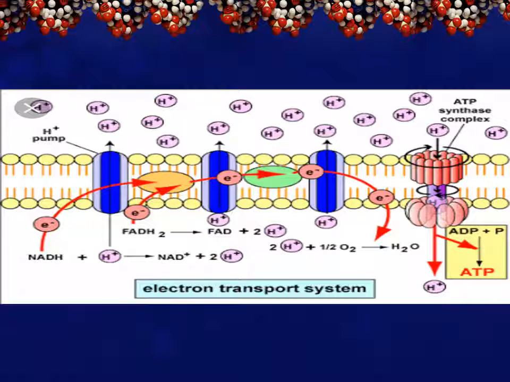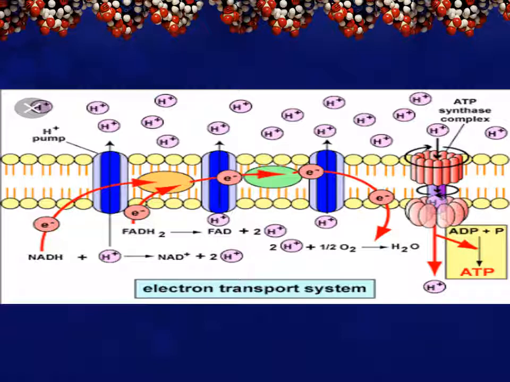Here we can see the electrons moving through the complexes, through the coenzyme, through the cytochrome, and when these electrons come down from the last complex, below that we have the oxygen molecule, and the hydrogens are already present here.